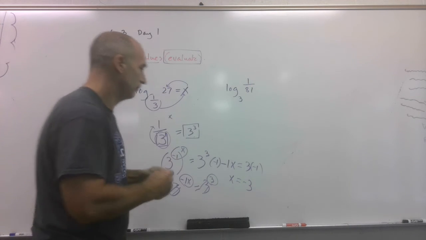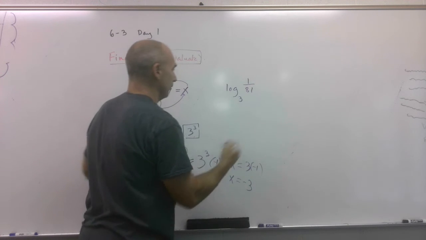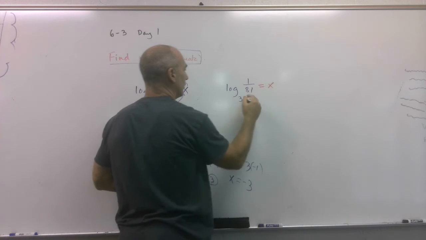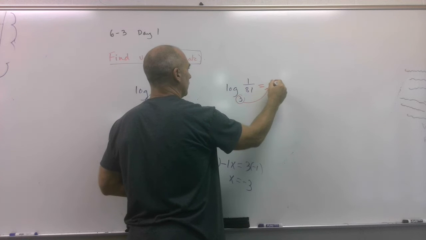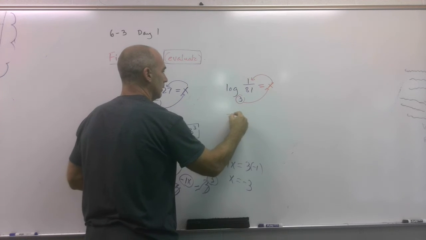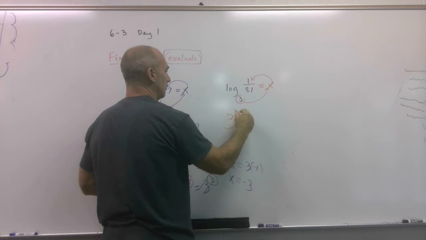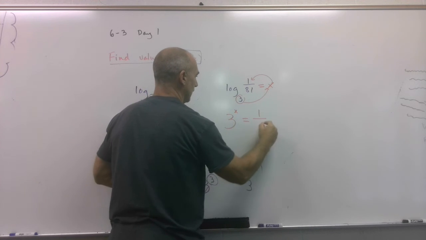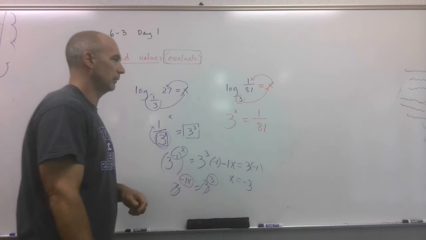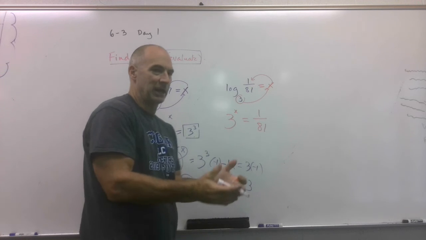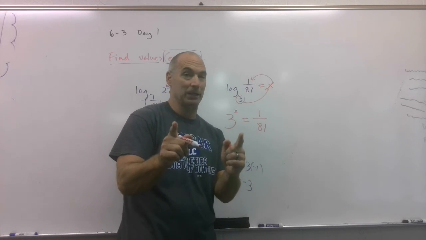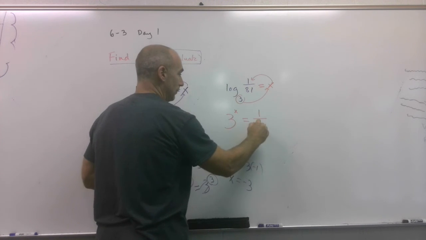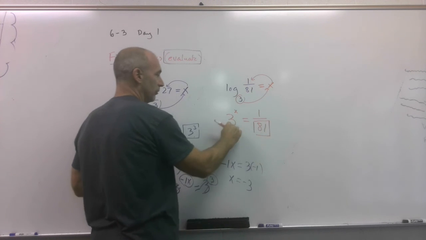Similar problem, just a little different. Equals x. Start here, go here, go here. What do you mean? Base, exponent, answer. Well, okay, if these are handmade to work out, which they are right now, I'm going to change that 81 to base 3.